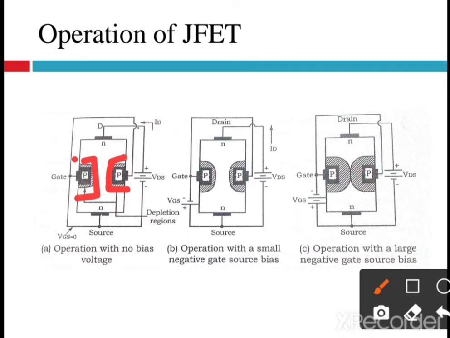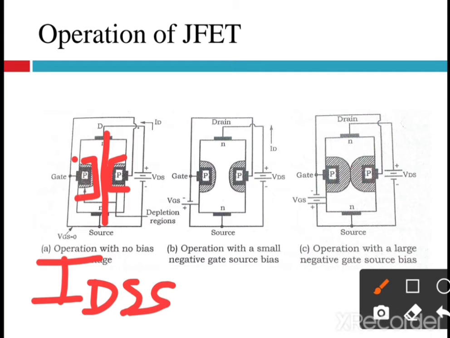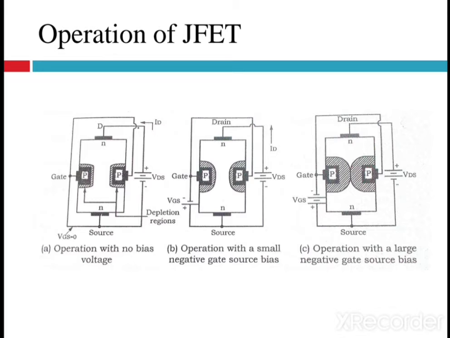Due to the depletion regions, the width of the channel available for conduction is reduced. The value of the drain current is maximum when VGS is equal to 0 and is called the source saturation current, denoted by IDSS, the drain saturation current. This happens when VGS is equal to 0.